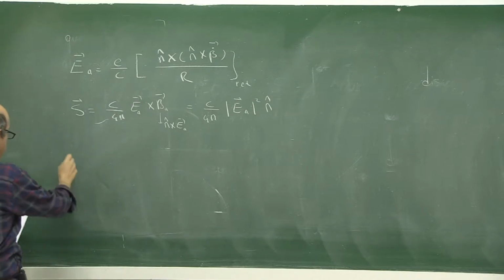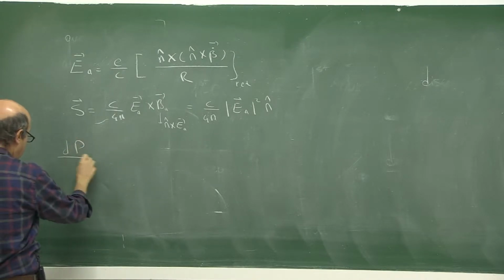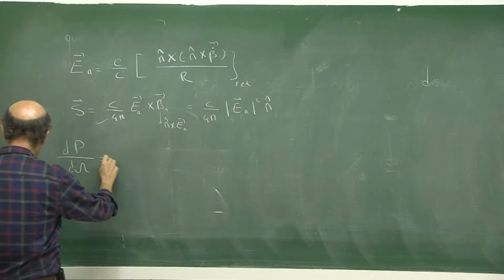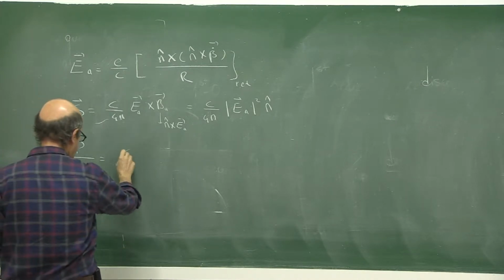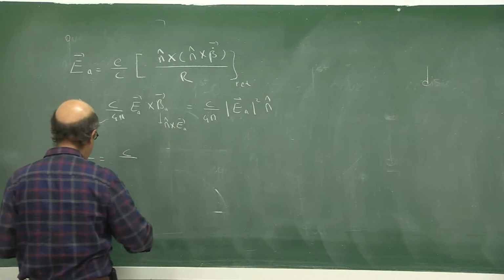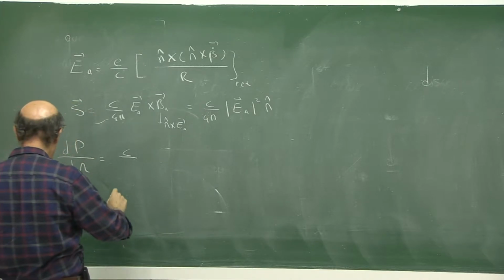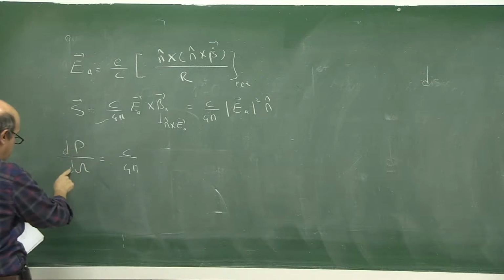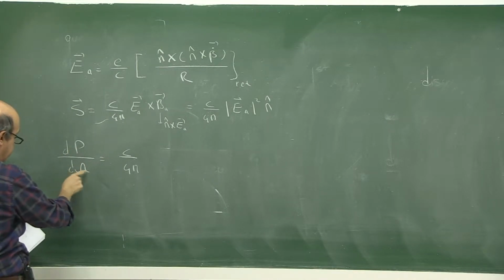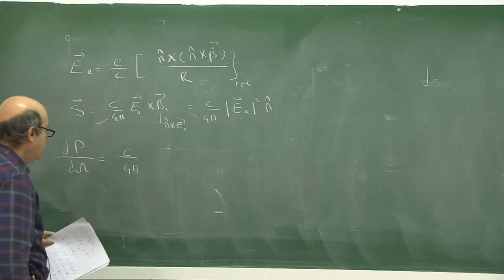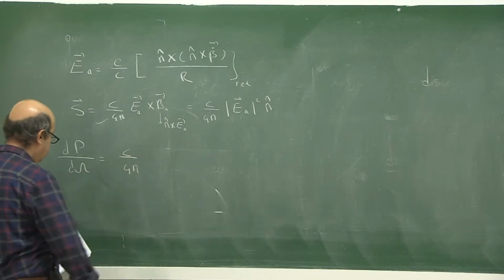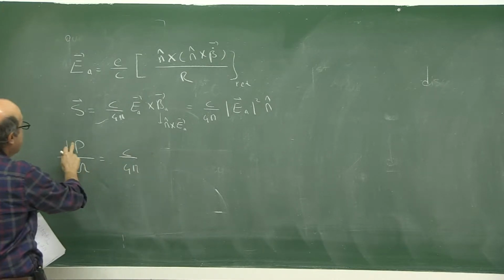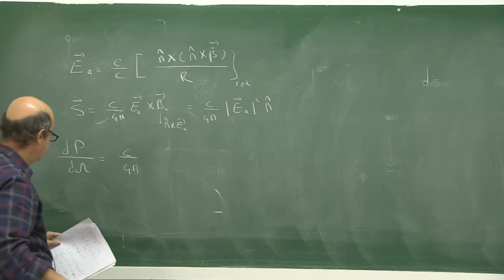And we know that the power emitted per solid angle is S dot n times r squared, because dA is r squared times the solid angle. So if you take the r squared over here, that becomes power emitted per solid angle.